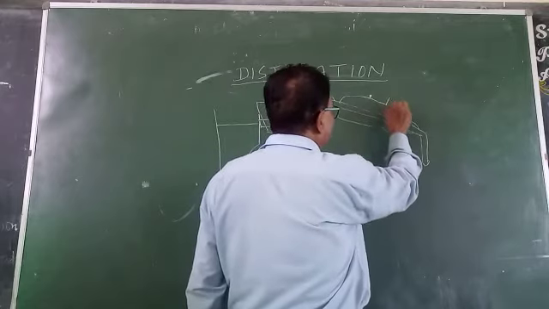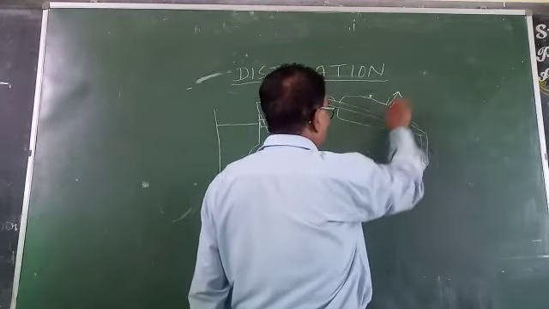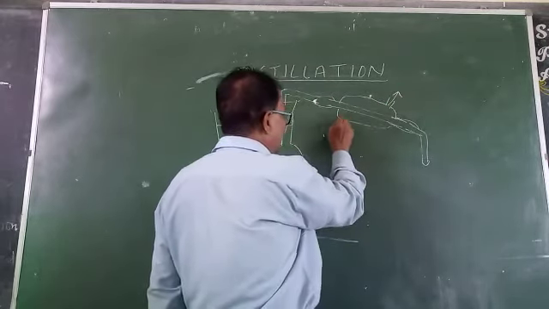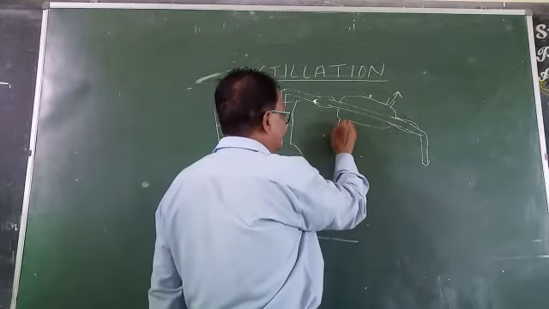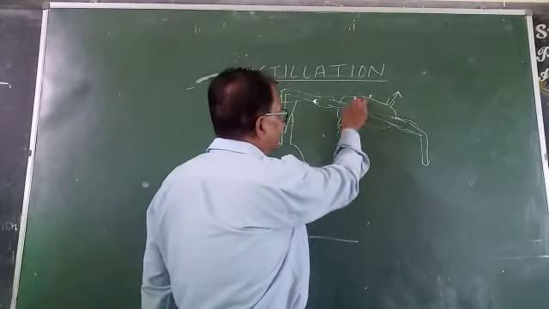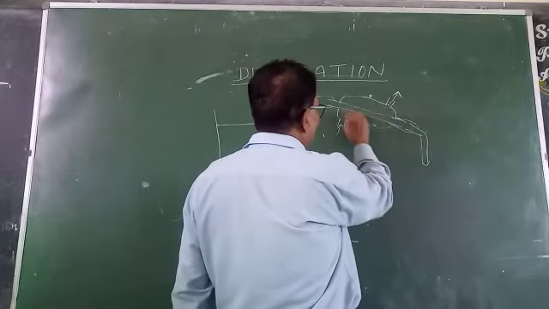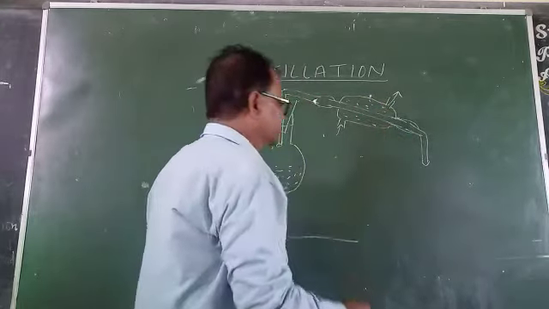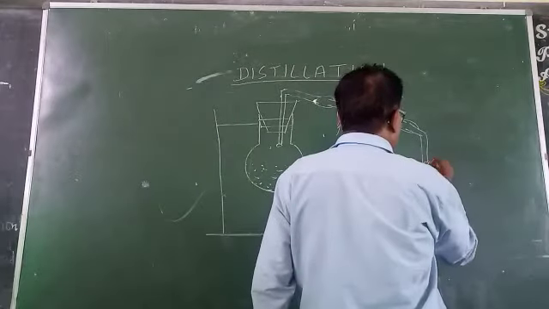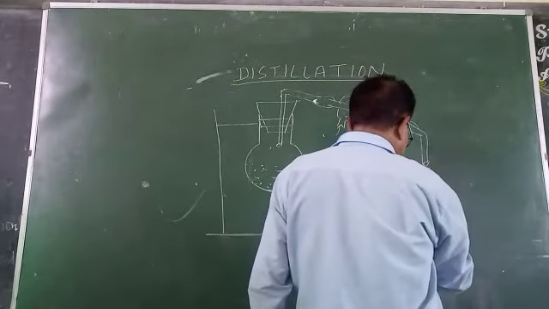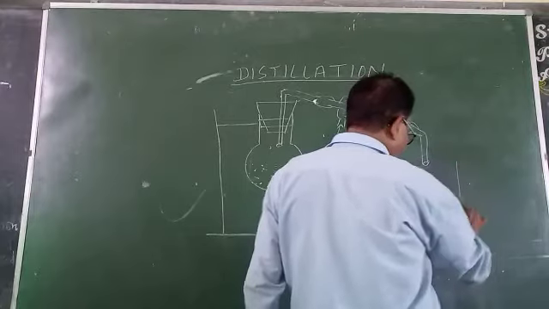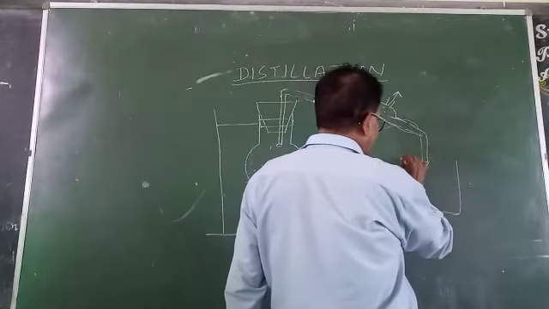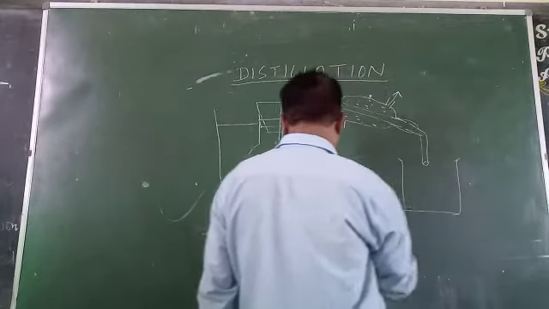Here is outlet and here is way to enter water. In condenser, cold water flows continuously. A vessel is kept below the delivery tube.